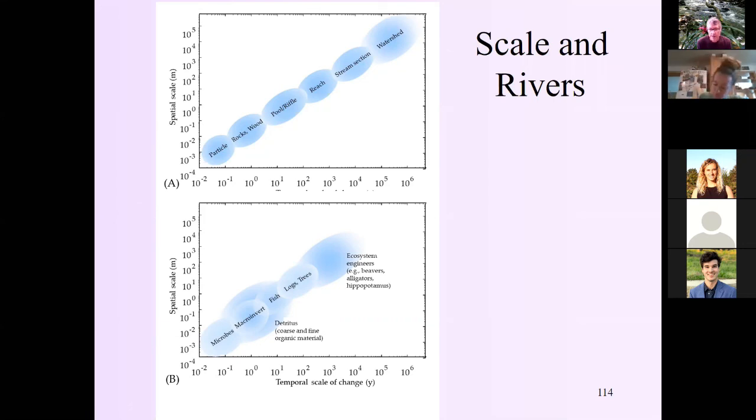Alligators will dig out pools. Say for the Everglades, they'll actually dig out pools to keep water in when it gets droughty, and so they'll change the landscape. Hippopotamus also do that.